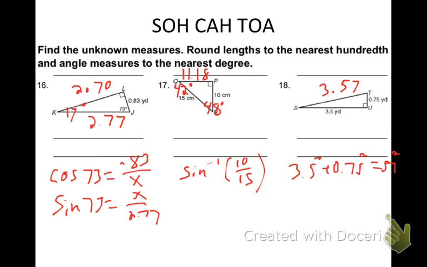Okay, and how do you want to find angle T? Cosine. So cosine for angle T means I'm going to need what ratio? What side lengths? Yep, 0.75 over 3.57, because that's adjacent over hypotenuse. And then when I do that, I get T equals what degrees, Ryan?